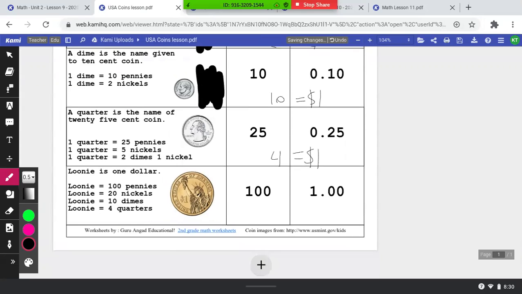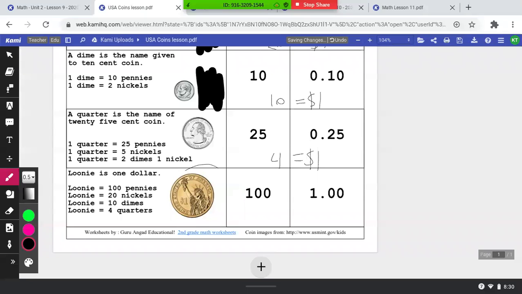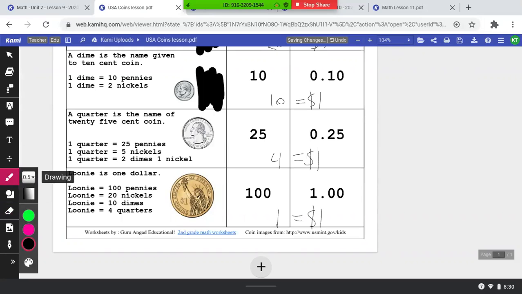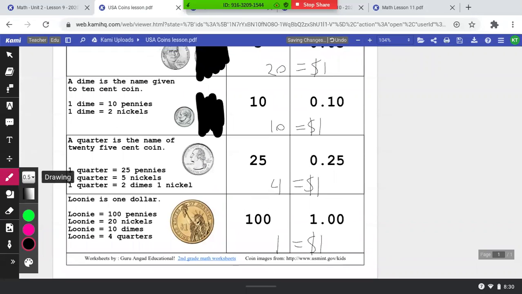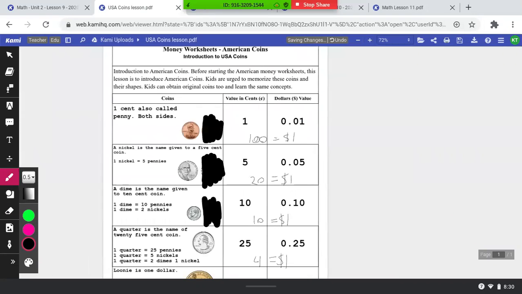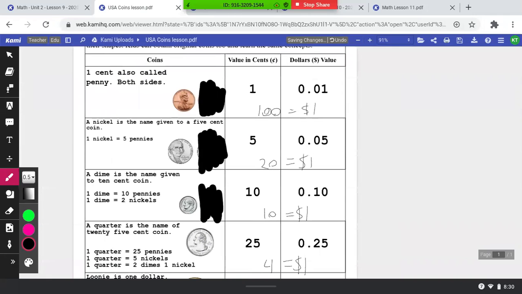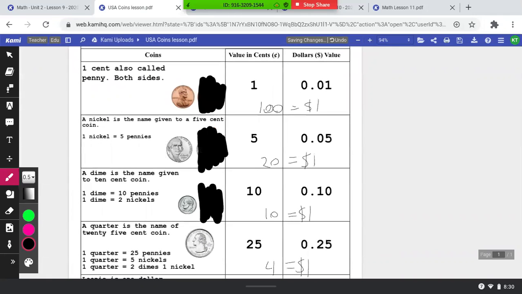And then this one is a dollar coin. So you need 1 to make $1. You don't see these too often anymore. But go ahead, pause the screen, read through this if you have any more questions.